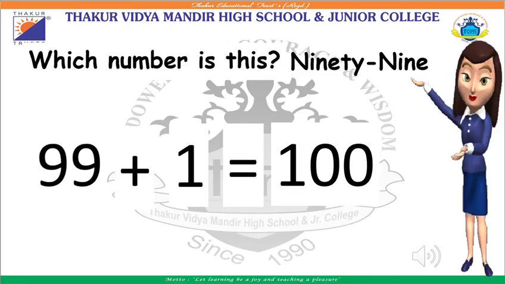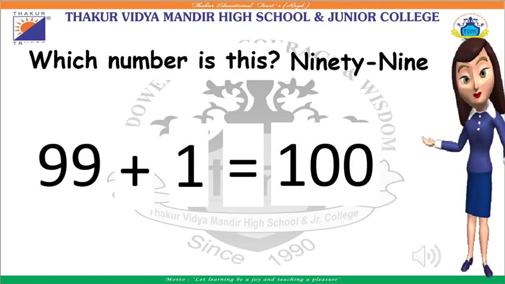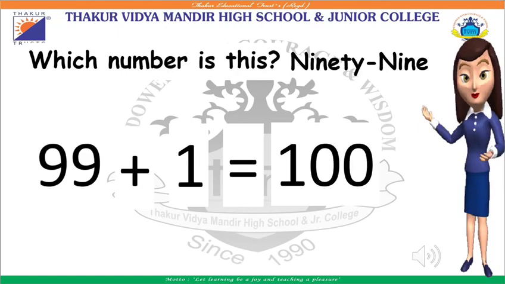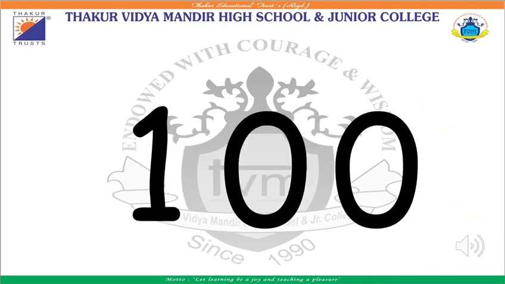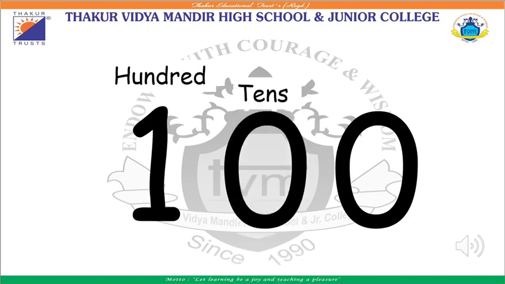Let us place this number in the place value chart. So, it is 100, tens and units. So here I get a 3-digit number, and this is the smallest 3-digit number.